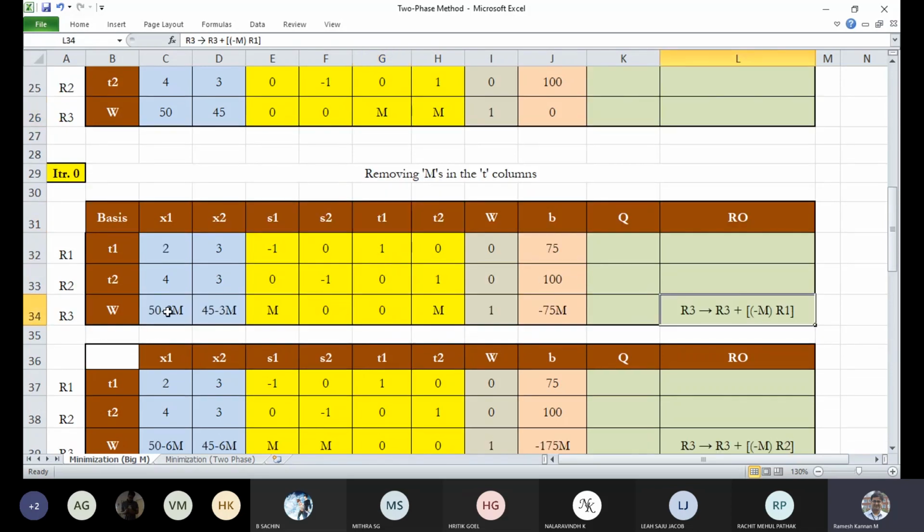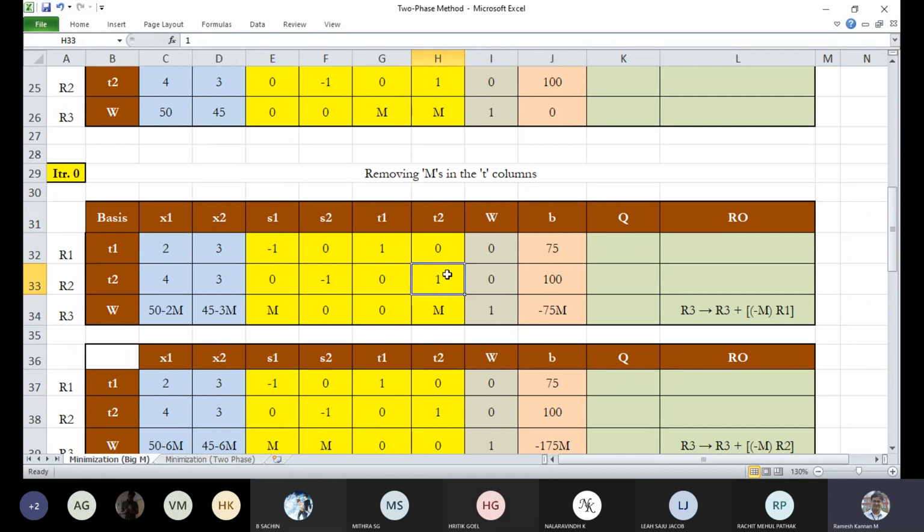Then you have to do that computation for the entire row, not only for this cell to eliminate that; you have to do it for the entire row. Then after that, there's another m here, so we need to remove that. You cannot use row 1 because it's a 0, and anything multiplied by 0 is just 0, so it will retain the same value. But in order to remove this m, we'll be multiplying this particular cell with minus m.